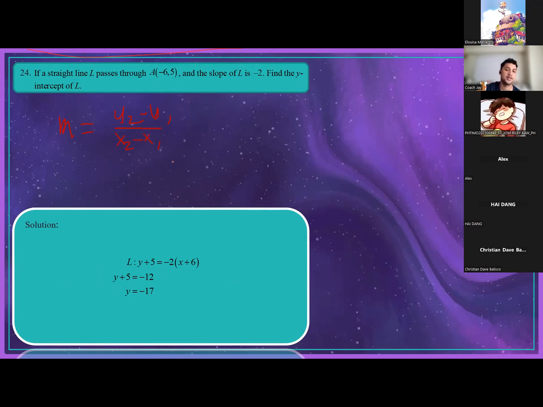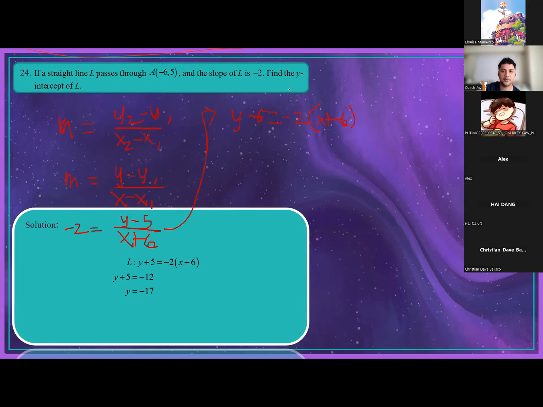So the best way is m equals y minus y1 over x minus x1. We have m to be negative 2, so y minus 5 over x plus 6, which gives y minus 5 equals negative 2 times x plus 6.